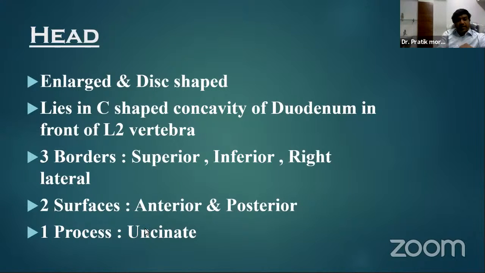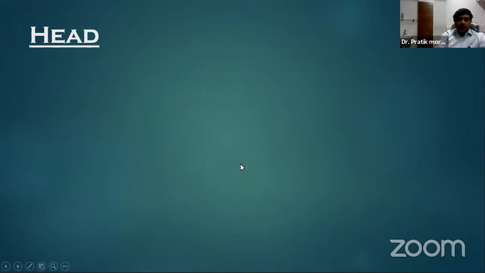Then it has two surfaces, anterior surface and posterior surface, and one process, the uncinate process. It is simple. You can remember this: 3, 2, 1. 3 borders, 2 surfaces, 1 process. So the 3 borders in the head are superior, inferior, and right lateral.